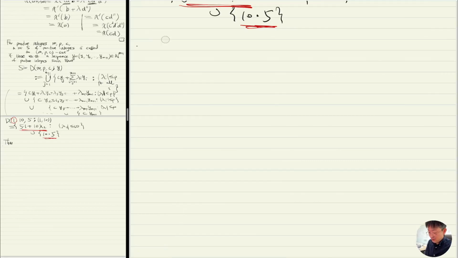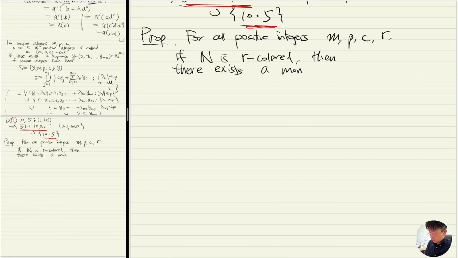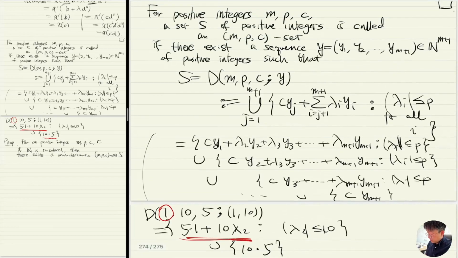Now here's a proposition. For all positive integers m, p, c, r, if the set of positive integers is r-colored, then there exists a monochromatic Mpc set S. Oh, by the way, when you define y, note that all these yi's are positive, right?